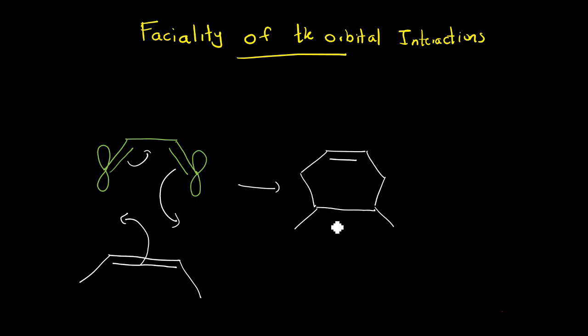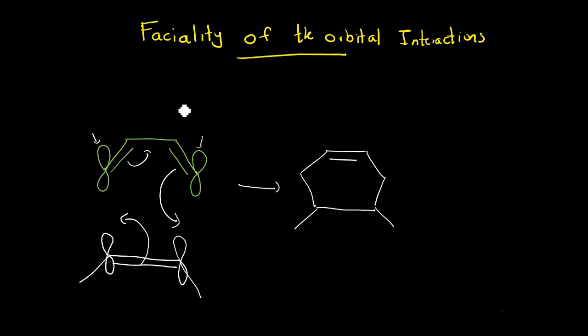When you look at this specific reaction, you will see these two orbitals have to interact with these two orbitals in order to form this particular product. So every time you look at a pericyclic reaction, you will see a pair of p orbitals interacting with another pair of p orbitals.